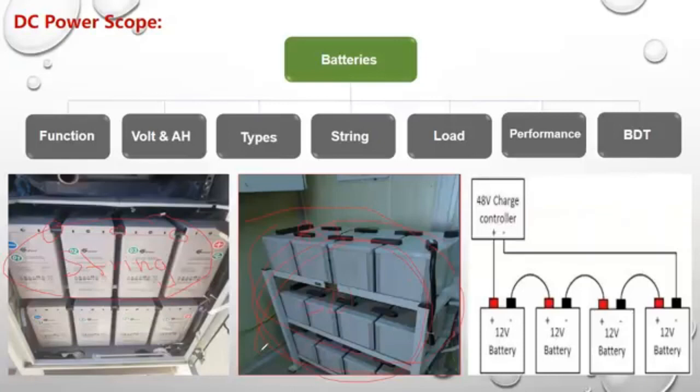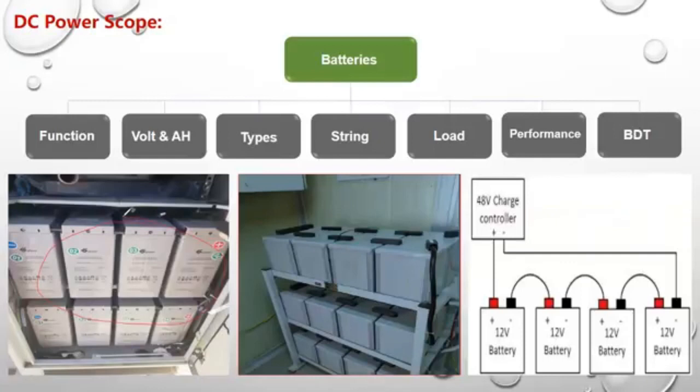Something important you must know about the batteries is what is called ampere per hour. The ampere hour is the value of ampere that one string of batteries can supply for 1 hour.